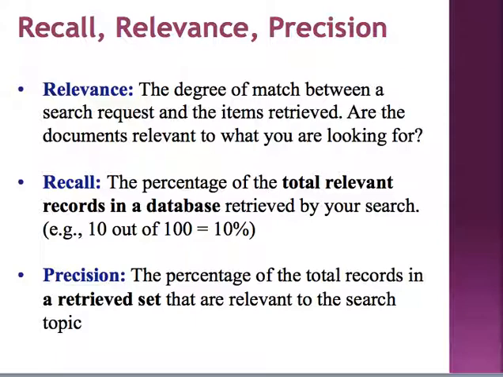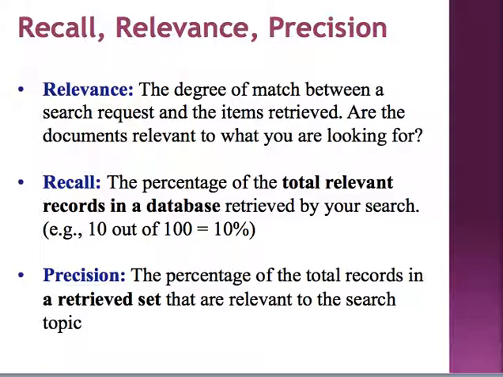And then last, precision is the percentage of records in a retrieved set that's relevant to the search topic. So let's say you searched for something and you got, I don't know, 100 documents back, but then really only about 80 of them were relevant.